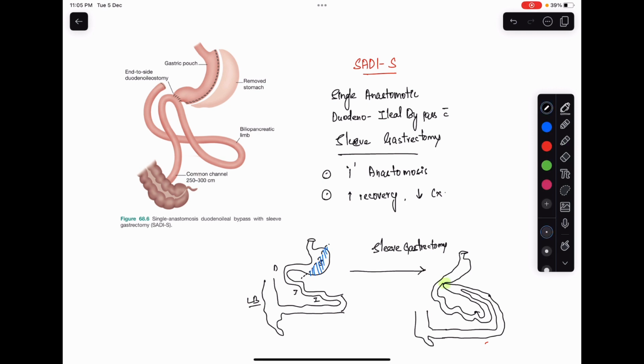So this portion of gut will act as a malabsorptive part, because food will enter from here to here, and it will exit via the common limb. This green shaded portion is being bypassed. The advantage of this is there is only a single anastomosis, so there will be fewer perioperative complications.